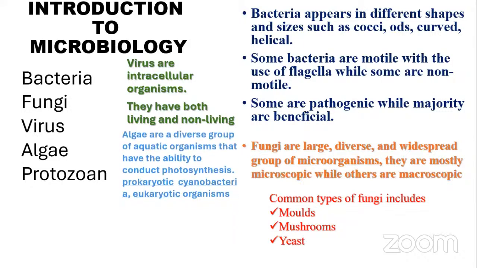We also have algae. Algae are a diverse group of organisms too. They are mostly aquatic organisms. They are found mostly in moist areas or in the aquatic environment. And one thing about algae is that algae have similarities with plants because they can carry out photosynthesis.